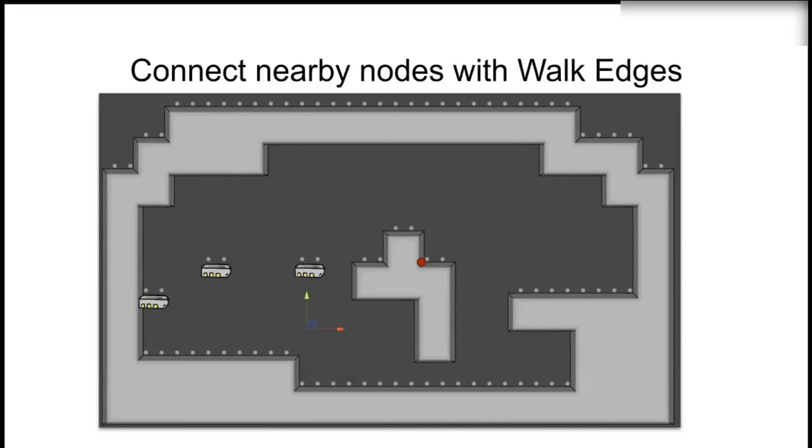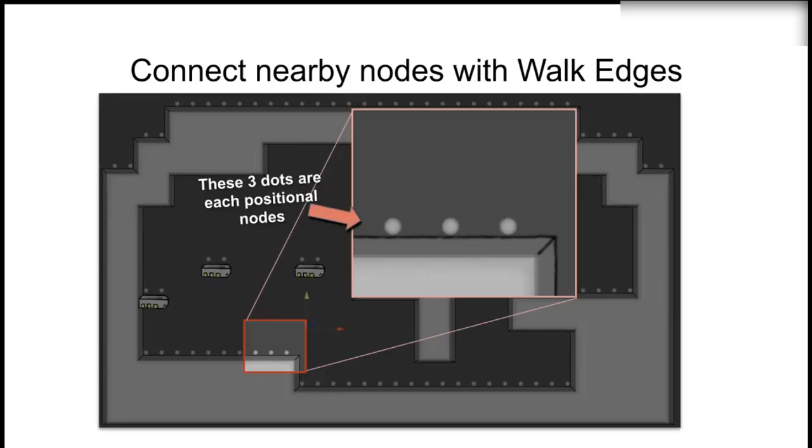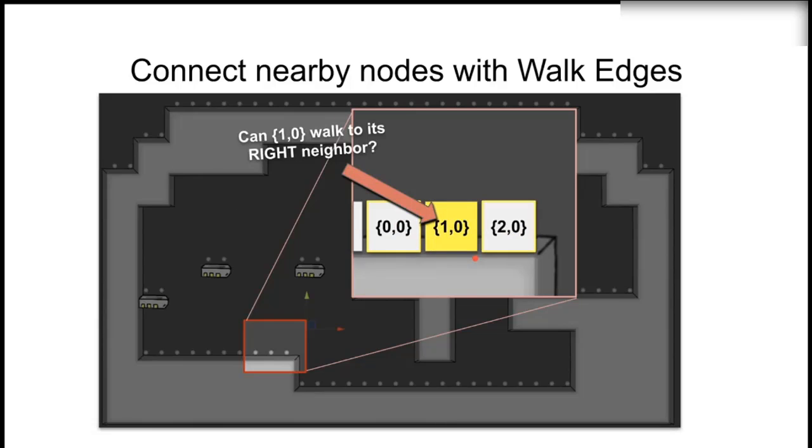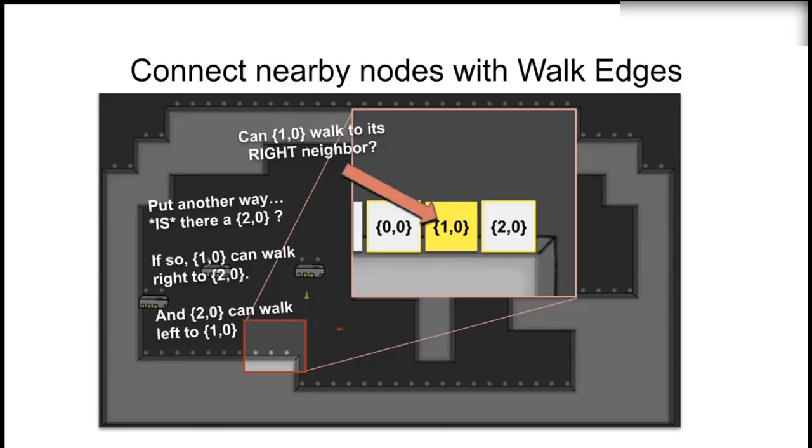Cool. So the next one is we need to come up with the walking edges. How do we walk between nodes? Again, let's just focus in on this one little section. These three dots represent positions and nodes, and those nodes have coordinates. Let's pretend it's 0, 0, and 1, 0, and 2, 0. This is X and a Y. Then for every single one of these, we're just going to say, hey, can I go right? That's the same question as asking, is there a neighbor immediately to my right?